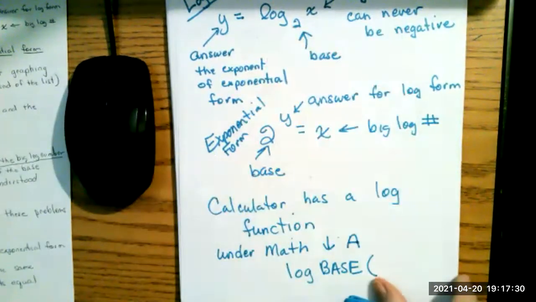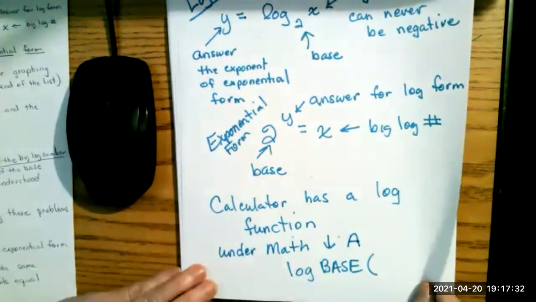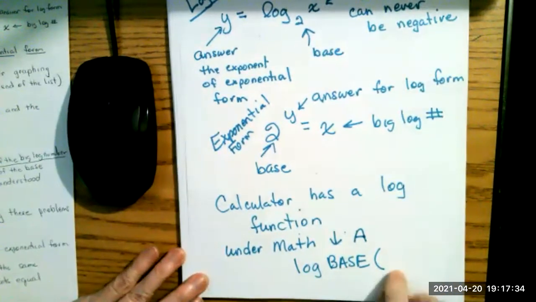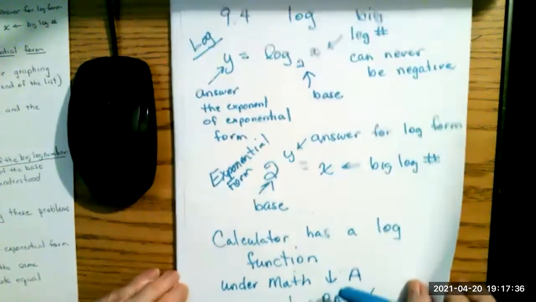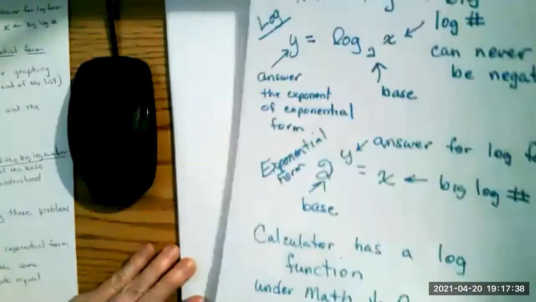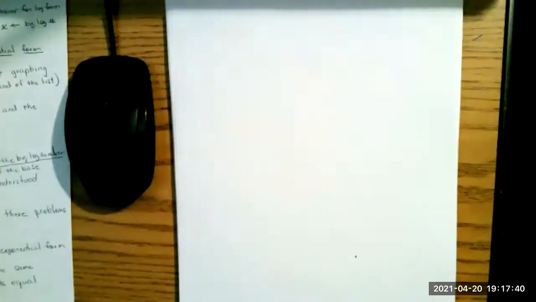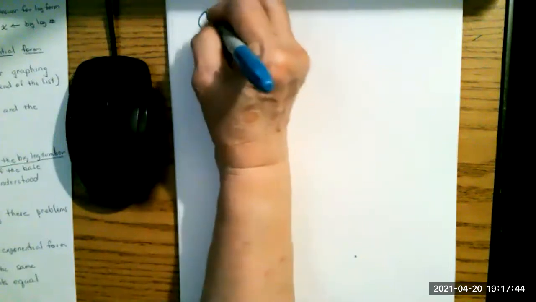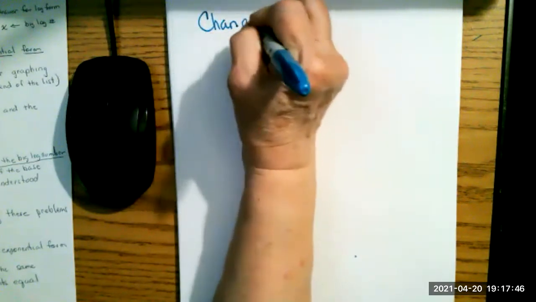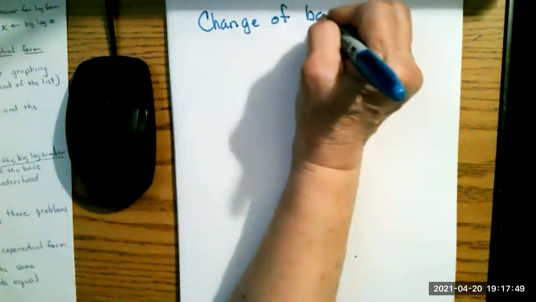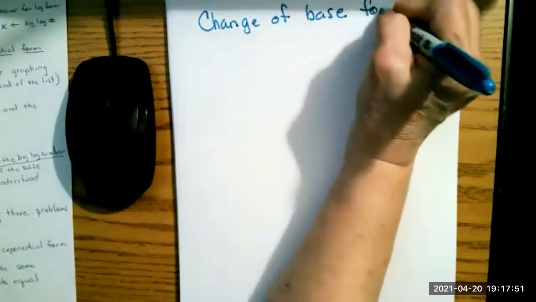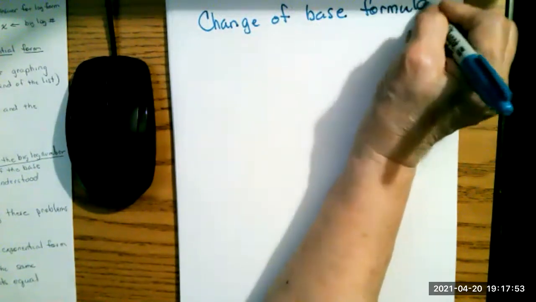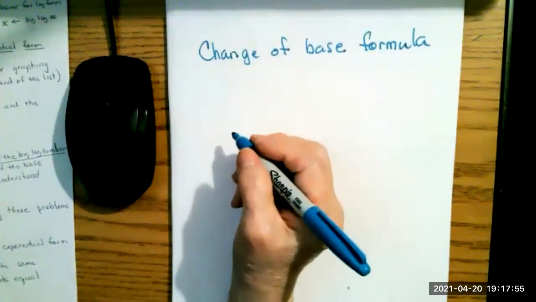Before we get into the problems, that will let you put in the base and the log number so you can do any base, which is okay. There are some things that you're going to need to know in this section. There is a change of base formula, because it's going to ask you to use this.